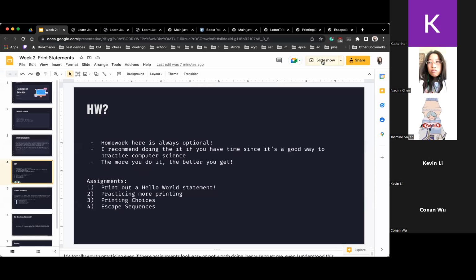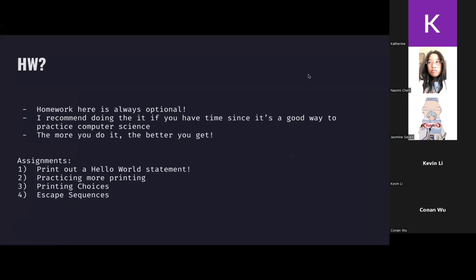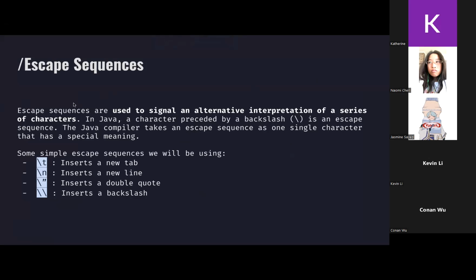Okay, yeah. And so a little bit more on escape sequences. For the fourth assignment, I think you guys may have some questions about how escape sequences work. Escape sequences are used to signal an alternative interpretation of a series of characters, or it basically tells the machine through your code another way to understand some characters.